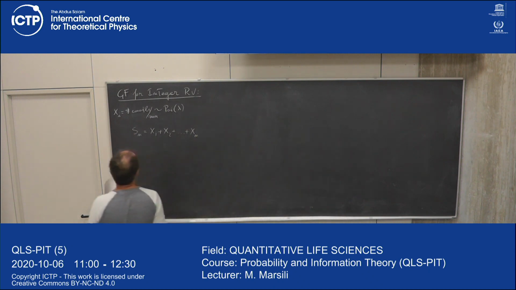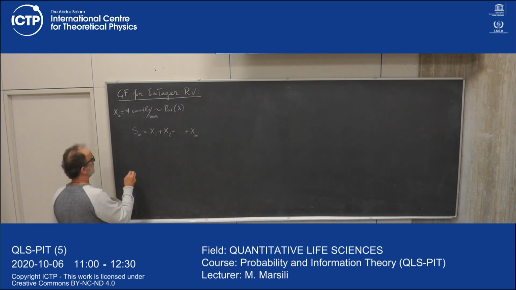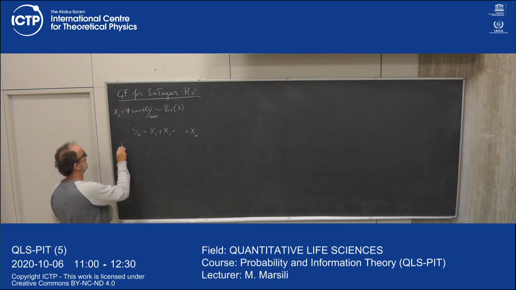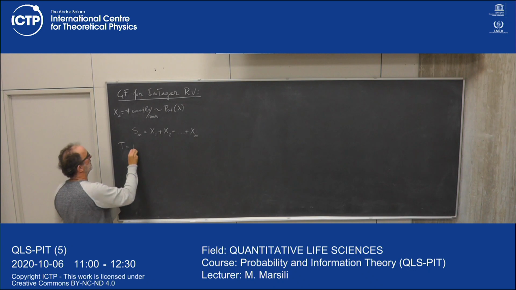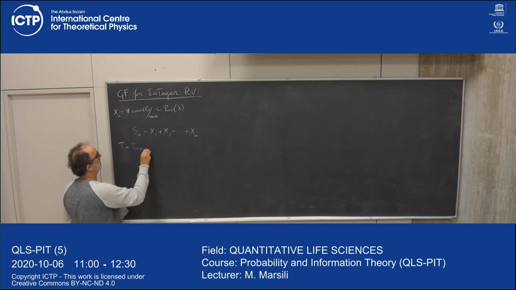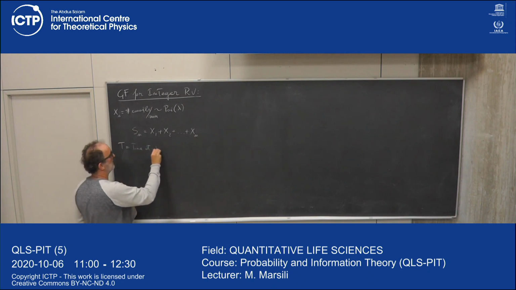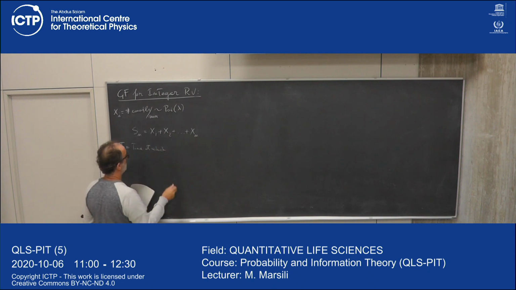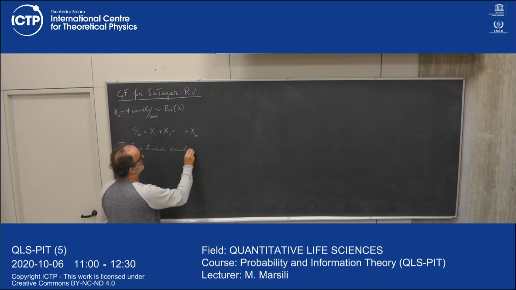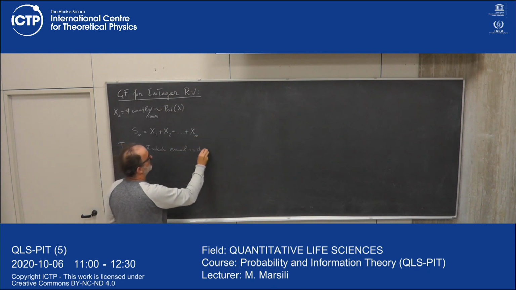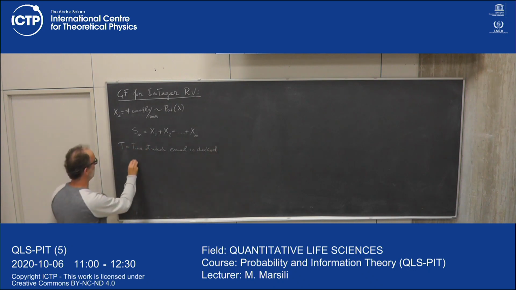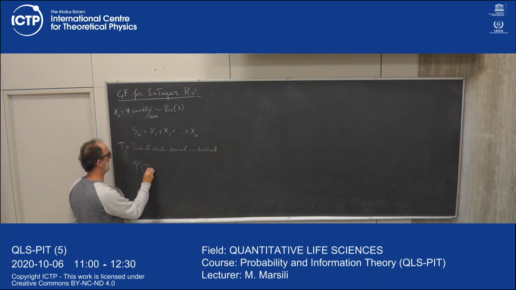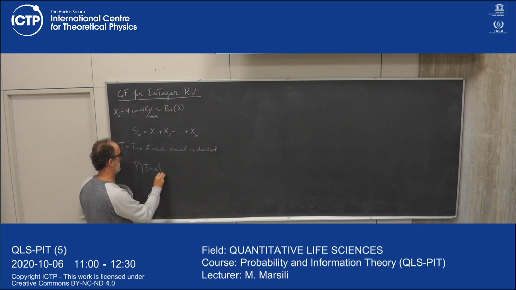Okay, so there is a time t when emails are checked. This is also a random variable. And what is the probability that this time will be equal to n?